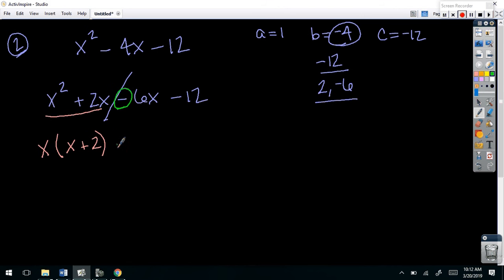All right, this is a scenario we haven't encountered yet. When this sign is minus, you keep this sign, but you change this one to plus. Okay? What's the GCF here? Bigger. 6. What's left?